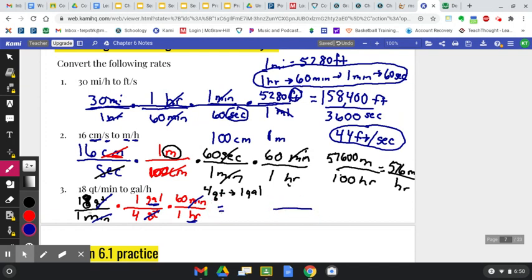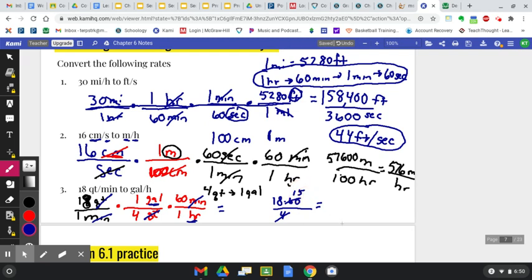So if we multiply the top, we would have 18 times 60. And then on bottom, there would just be a 4. So let's see here. We can reduce that. 4 goes into 60 15 times.